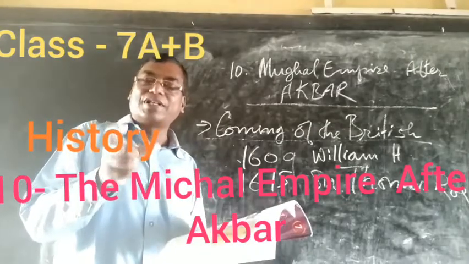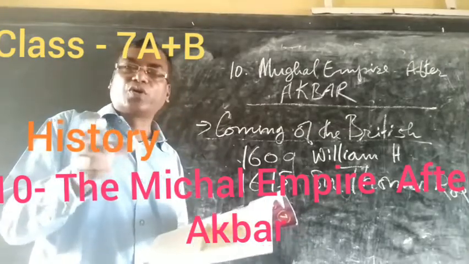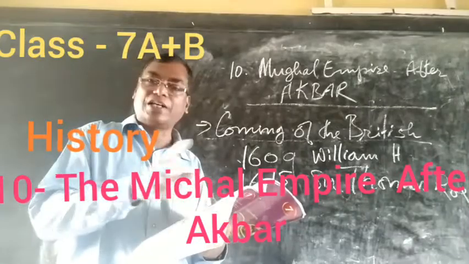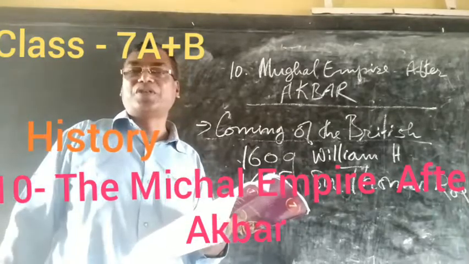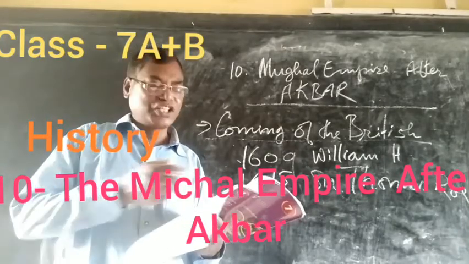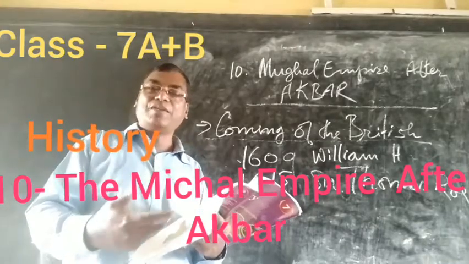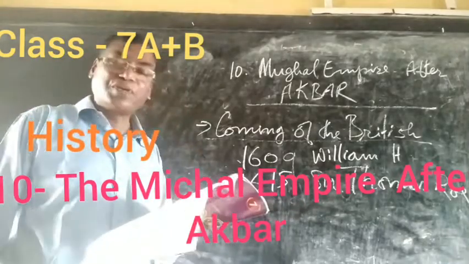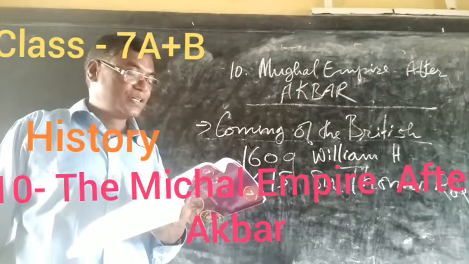There was a little misunderstanding, or things were not going well between Jahangir and the Portuguese, so the English took advantage. And then they came, and they got the permission from Jahangir, you see.